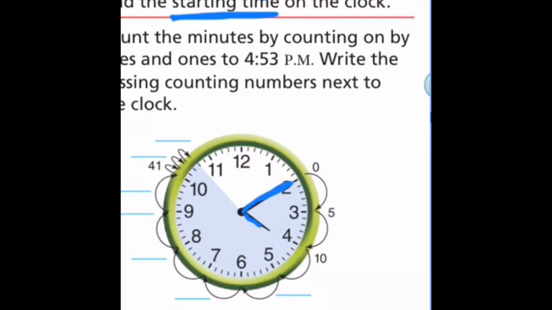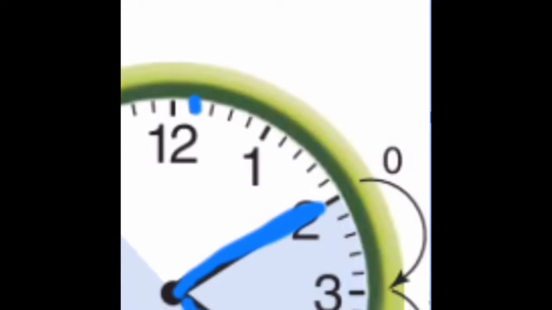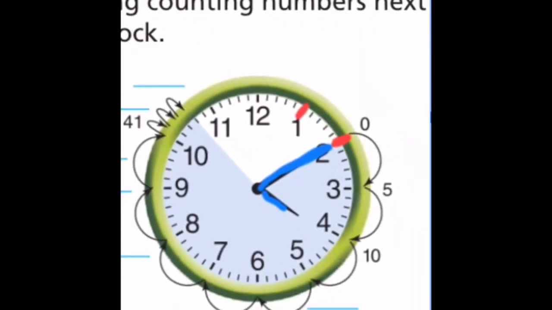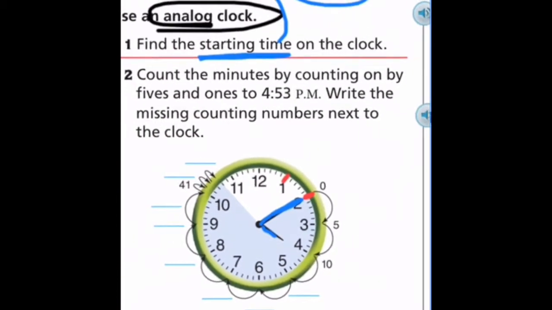Remember, the 10-minute mark, if we counted all the little dashes, 1, 2, 3, 4, 5, 6, 7, 8, 9, 10, that's why it's there. But by now we also know we can just count the bigger marks, knowing that's 5 minutes and that's another 5 minutes, so that's the 10-minute mark, right? So 4:10 is the time that the clock is showing right now. We found the starting time.